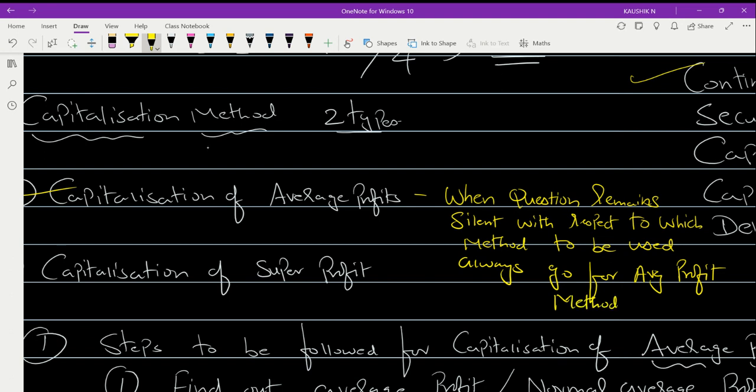Okay, so under the capitalization concept, that is very important. Is this special note understood? Under this capitalization concept, when the question is remaining silent with respect to which method to be used, always go for the average profit method, that is capitalization of average profit method. Understood?